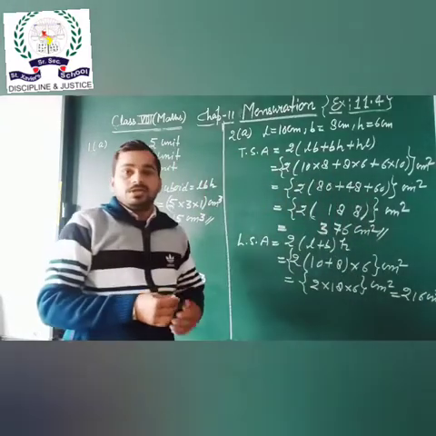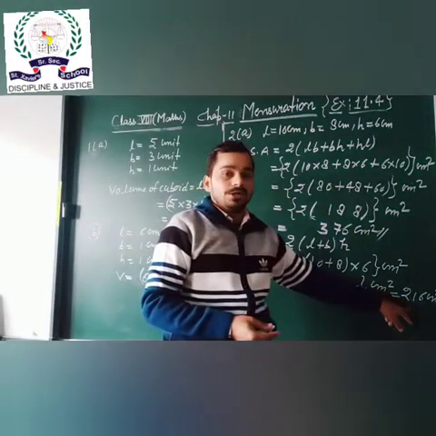So lateral surface area of cuboid is 216 centimeter square.